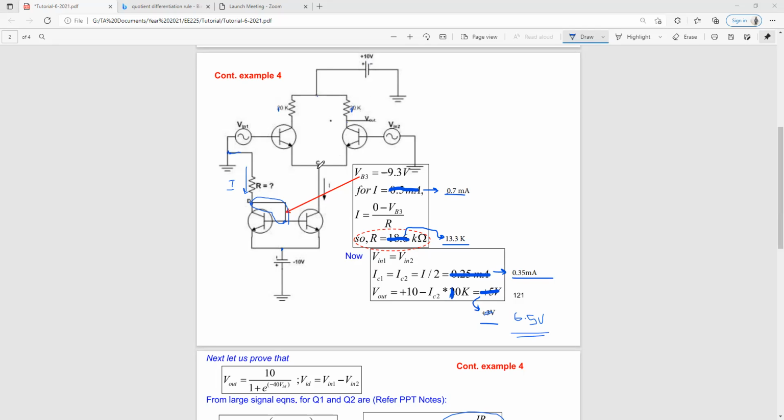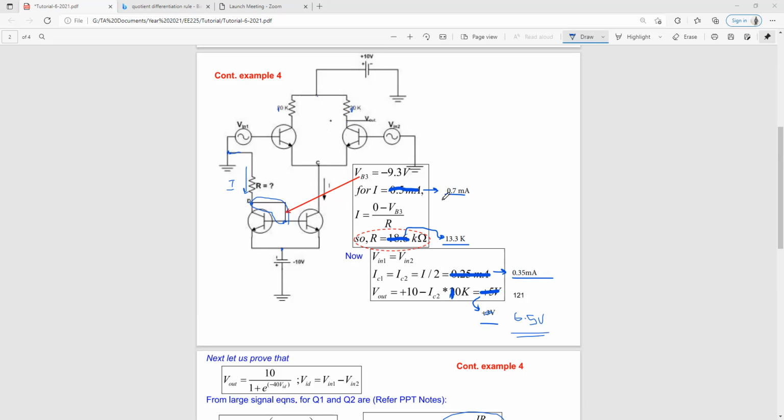So the emitter current for one of these transistors is half of this I. Since alpha is equal to 1, the emitter current is also equivalent to the collector current. So IC1 is equal to IC2 is equal to I divided by 2.